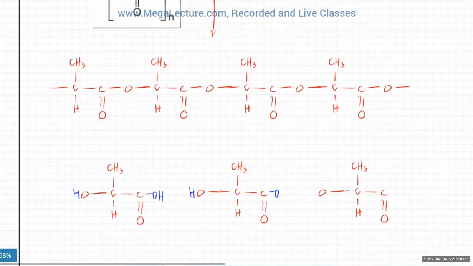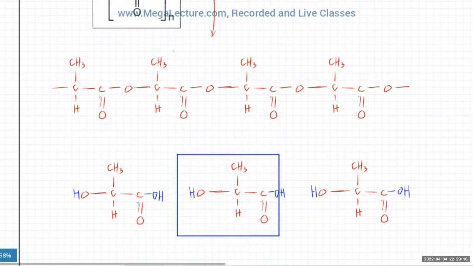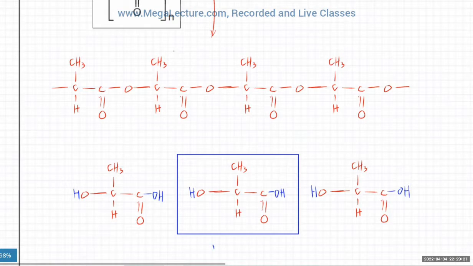This gets its OH back. H back, its OH back. So your monomer is this one. So that is what your monomer is in this case.